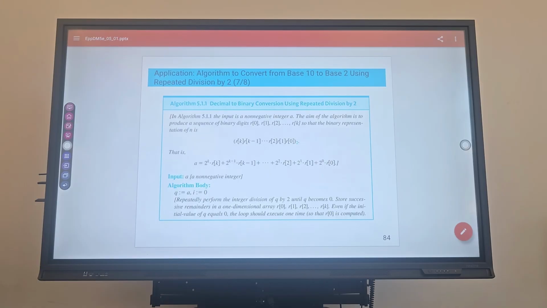And here's the algorithm for the process. Feel free to explore this in detail in the slides on Canvas. You can use this algorithm to generate strings of binary numbers from decimal numbers.